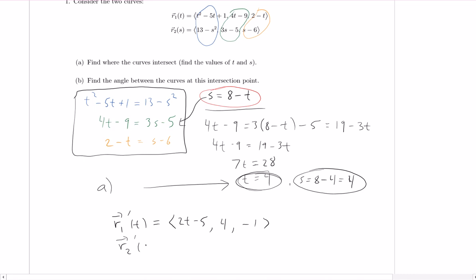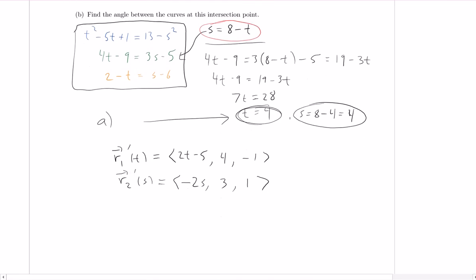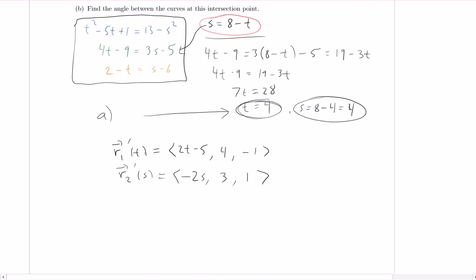Now for the second one, r2 prime is minus 2s, 3, and 1. Okay, that's in general. We want to find those tangent vectors at that particular intersection point, meaning we need to plug in 4 for t in the first one and 4 for s in the second one.